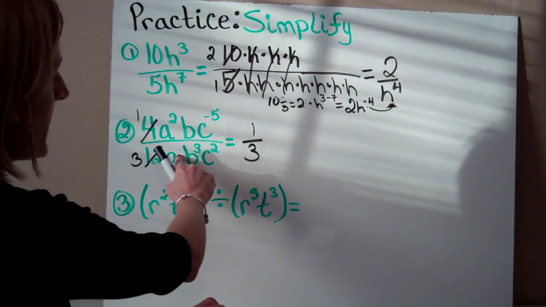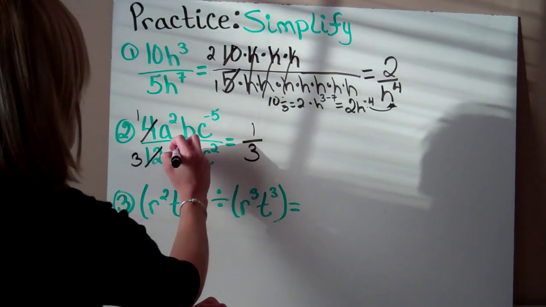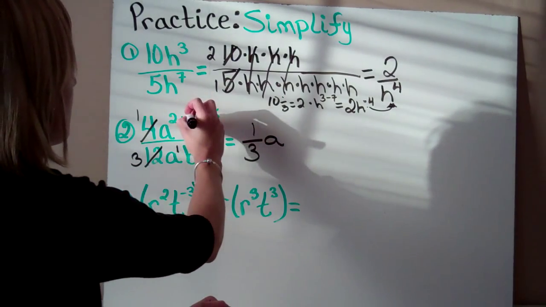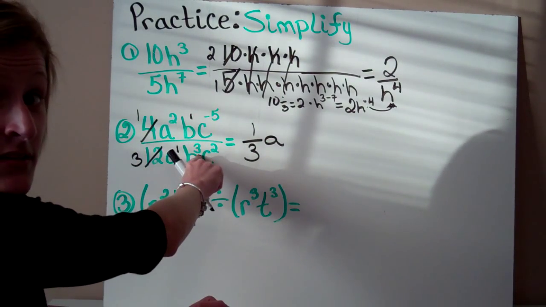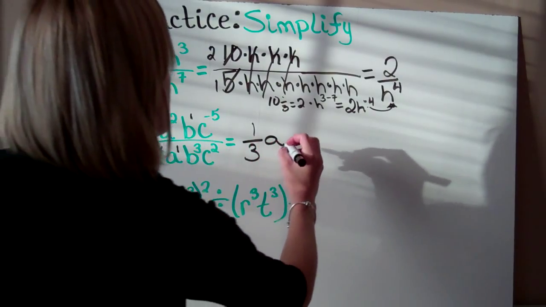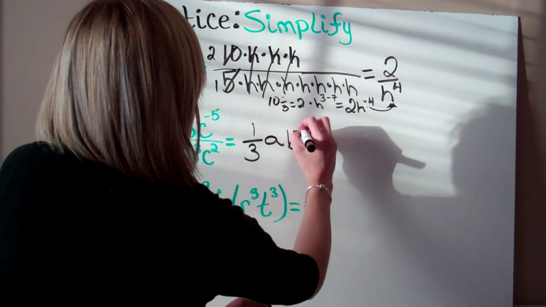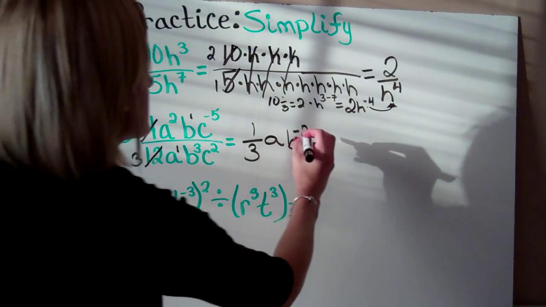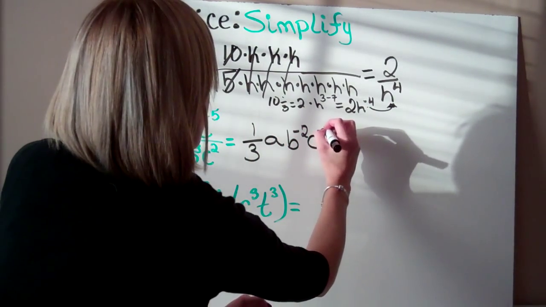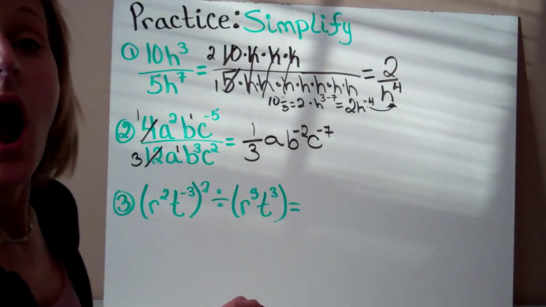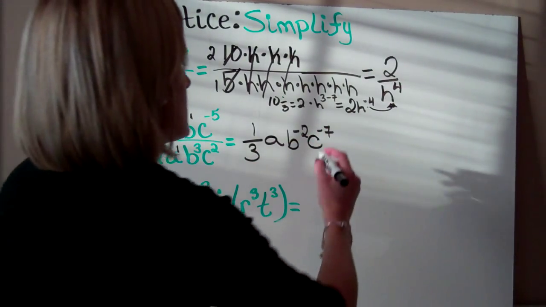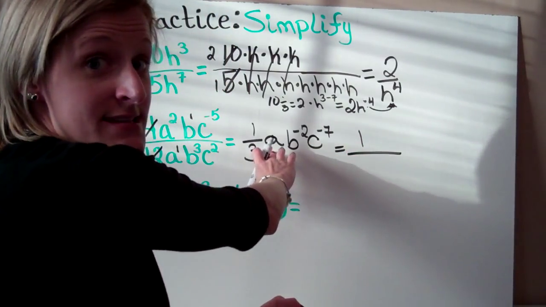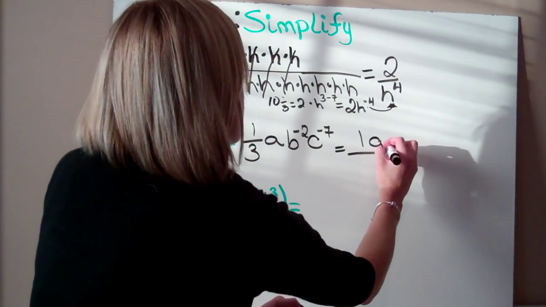A squared minus a to the first, remember if it's just a, it's just a positive a. B to the first minus 3, 1 minus 3 is going to be b to the negative second. And negative 5 minus 2 is going to give me c to the negative 7. Now, I need to write it with positive exponents. 1 over, your a is positive, so you leave it on top.